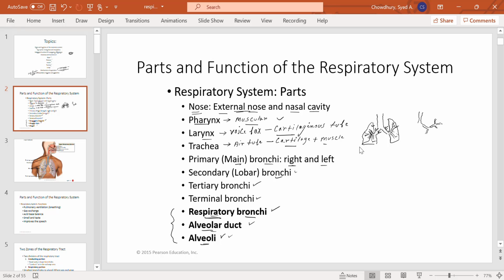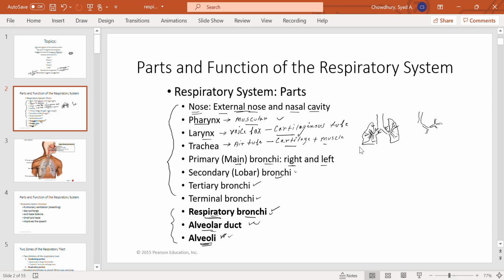Most of the gas exchange takes place through the wall of the alveoli, but a small amount through the wall of the respiratory bronchi and alveolar duct. So from the nasal cavity to the terminal bronchi, all these structures or parts are to transport the gas, to take the gas towards the lung. Makes sense? But no exchange of gas takes place through the wall of these structures.